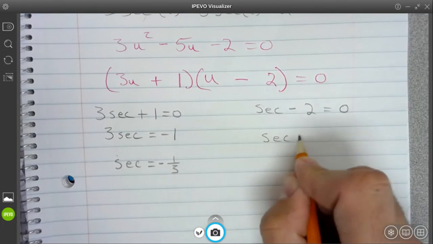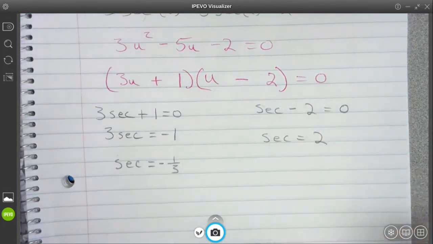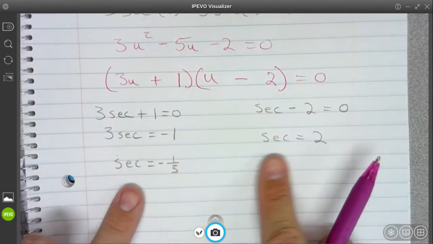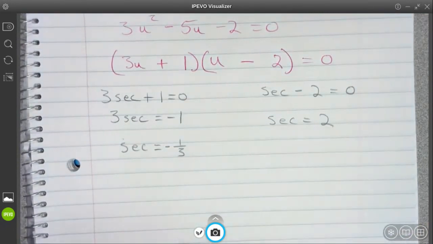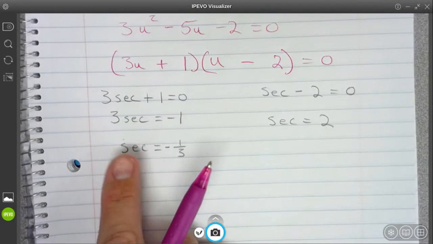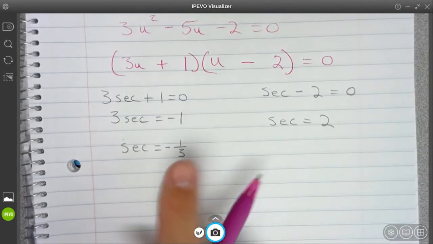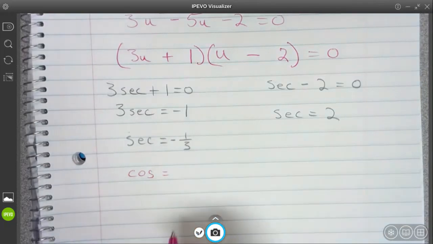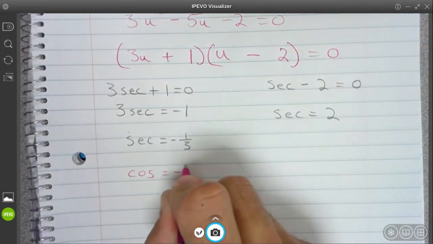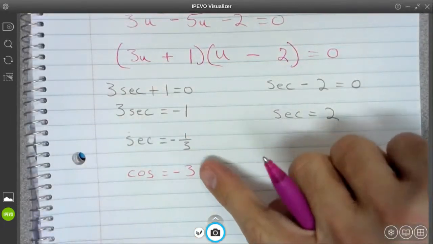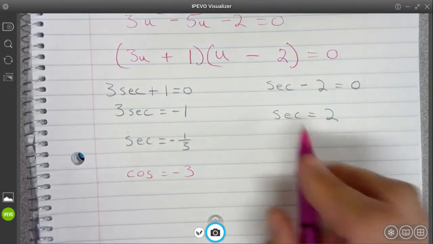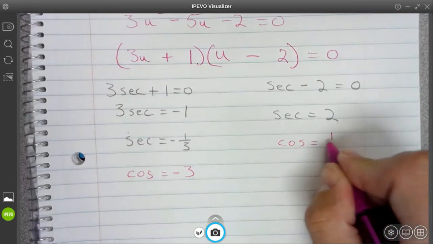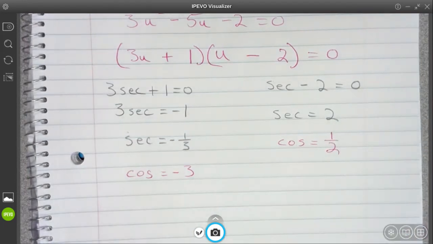I get secant is equal to positive 2. All right, now I'm going to replace my secants with cosines. So instead of saying secant is equal to negative 1/3, I'm going to say cosine is equal to negative 3. All right, well, I'll flip them over, reciprocate that. Here I'm going to say cosine is equal to positive 1/2.